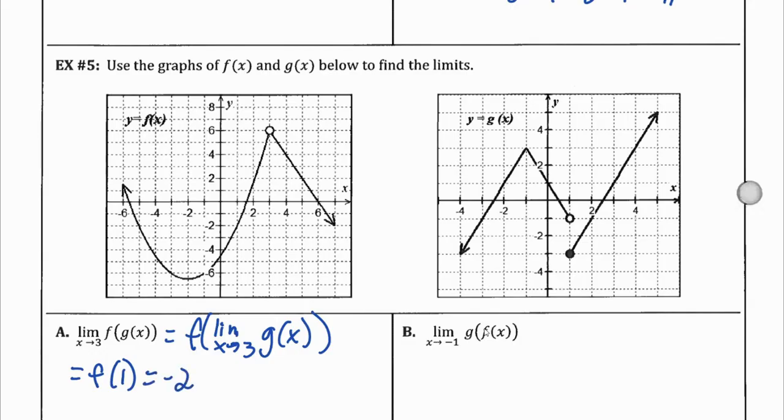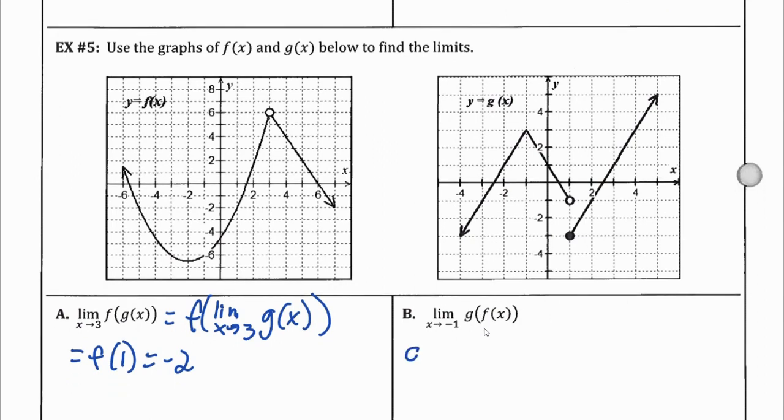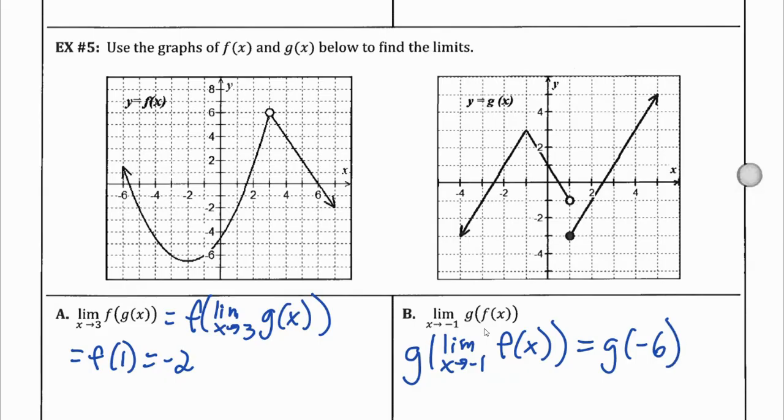Again, next one, we're taking g of the limit as x approaches negative 1 of f of x. So we go over to the f of x graph and we look at what our y value is as x approaches negative 1. That's negative 6. So we're really looking for g of negative 6. That doesn't actually appear on our graph, but we see that this line has a slope of 2.